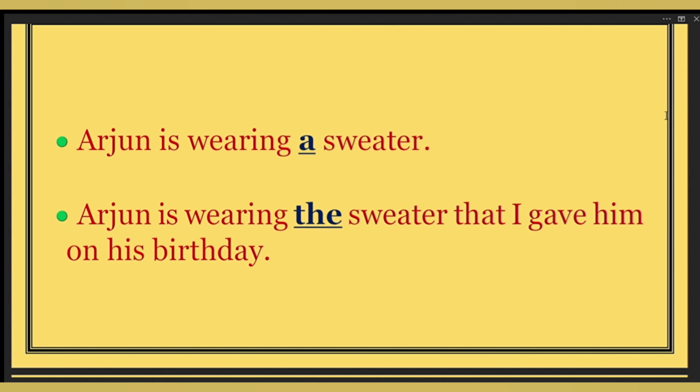So we know that the is used in place of a or an when we talk about a noun for the second time, like I saw a girl. The girl was tall. So when we speak of a person or thing for the first time, we use a or an.